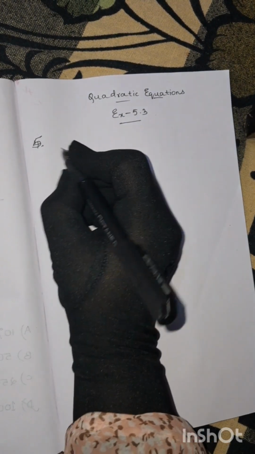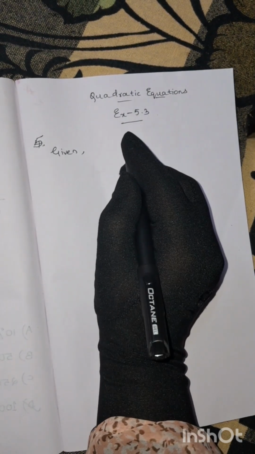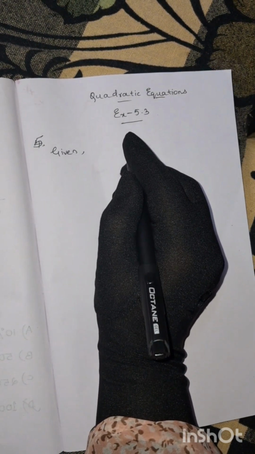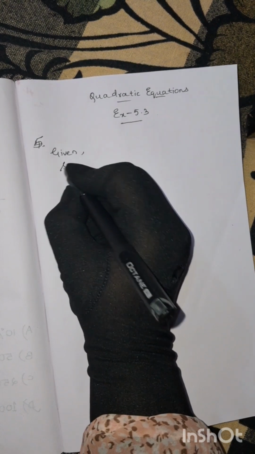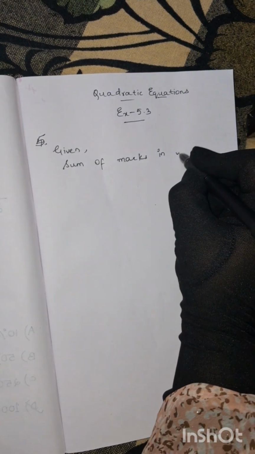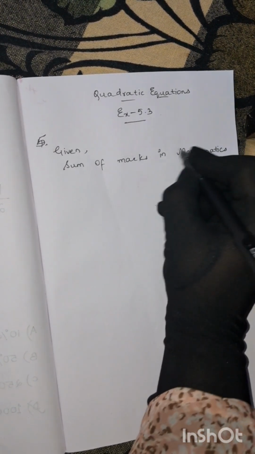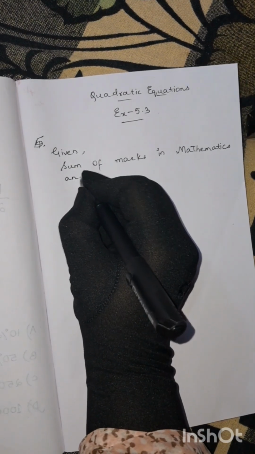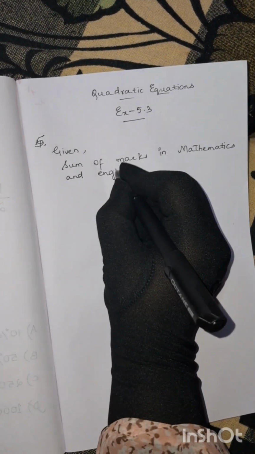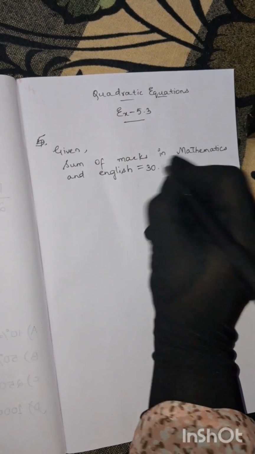In the question, they have given that the sum of Molika's marks in mathematics and English is 30. Sum of marks in mathematics and English, what is the sum? 30, right?